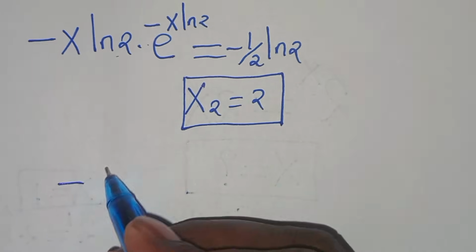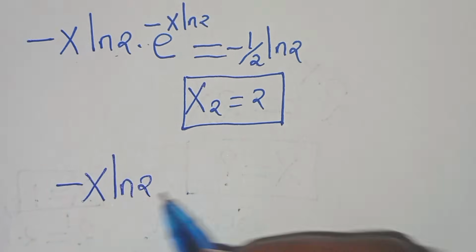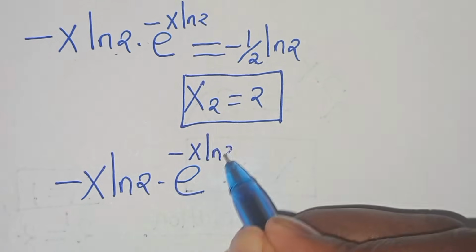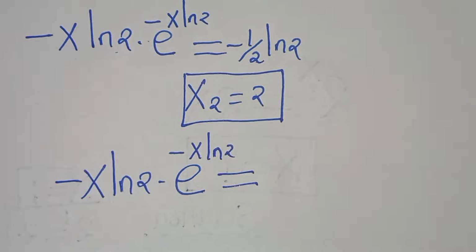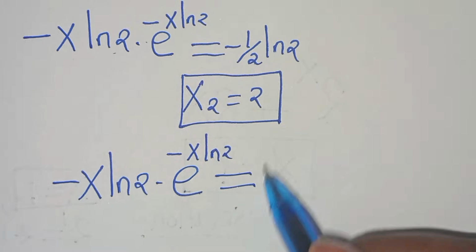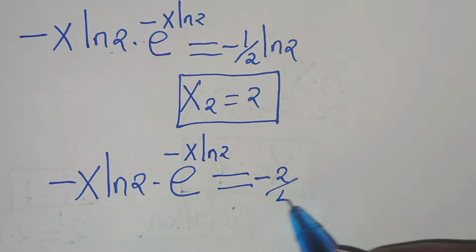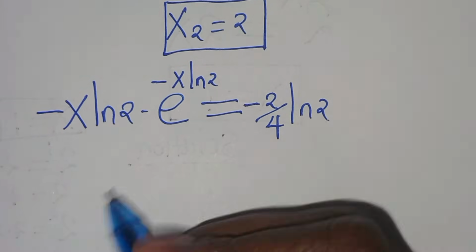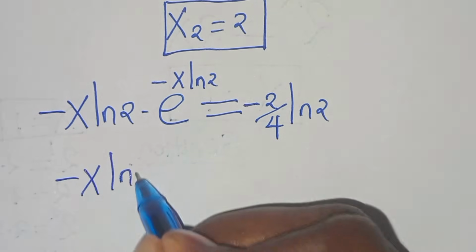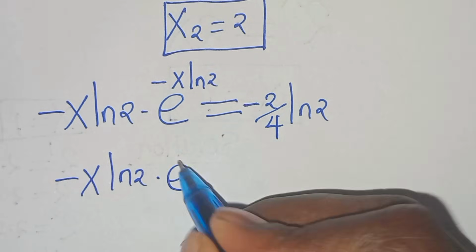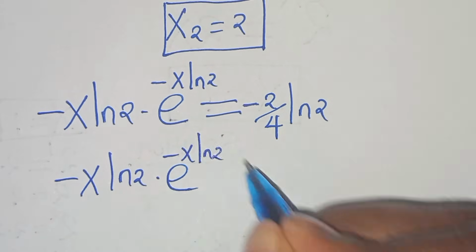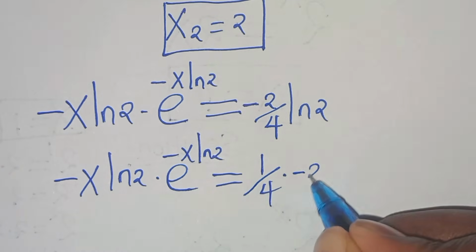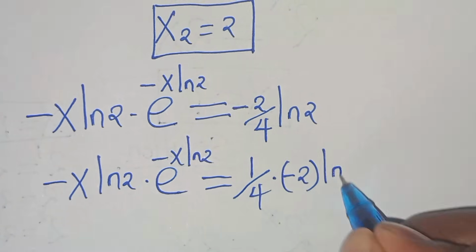So we can express minus a half as minus 2 over 4 ln of 2. So this is equal to 1 over 4 times minus 2 multiplied by ln of 2.